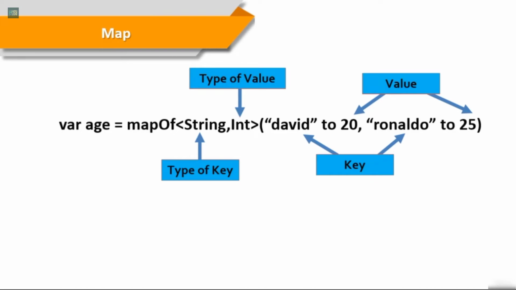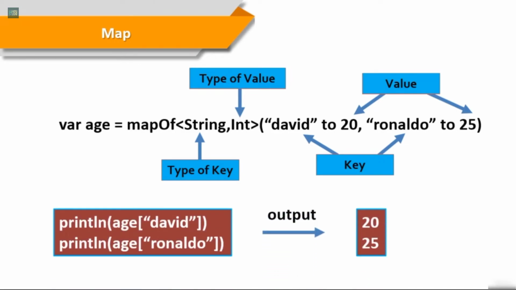All right, so we now need to write the key and value parameters within parentheses. So in this example, we've got two elements. The key of the first element is David, and its value is 20. The key of the second element is Ronaldo, and that value would be 25. So now let's see how to print the elements of an array created with mapOf to the console.